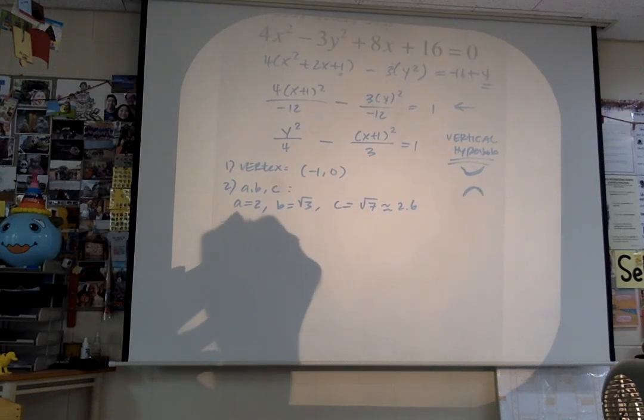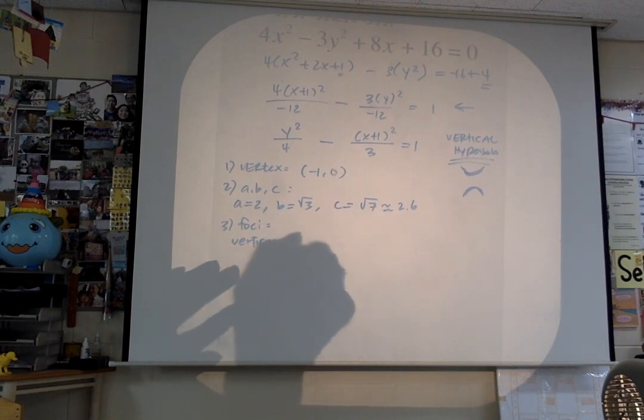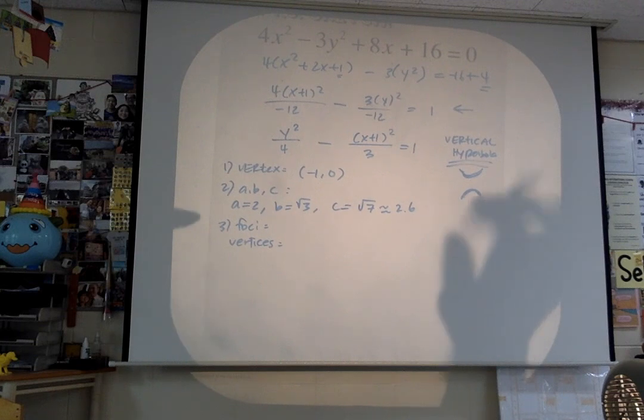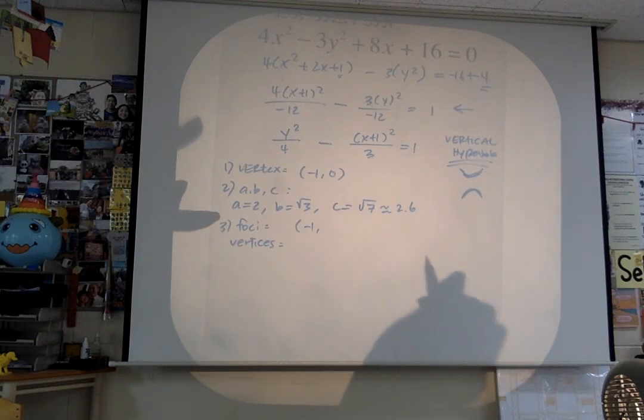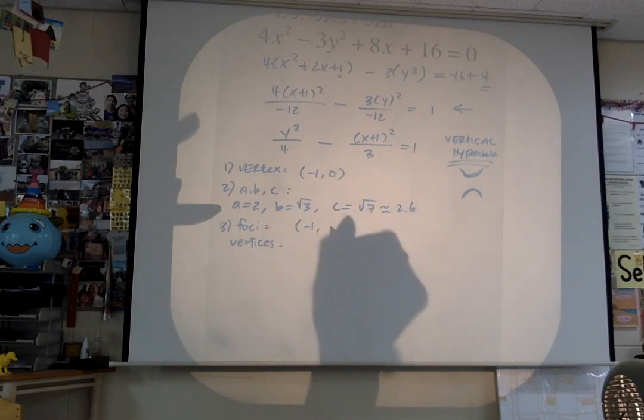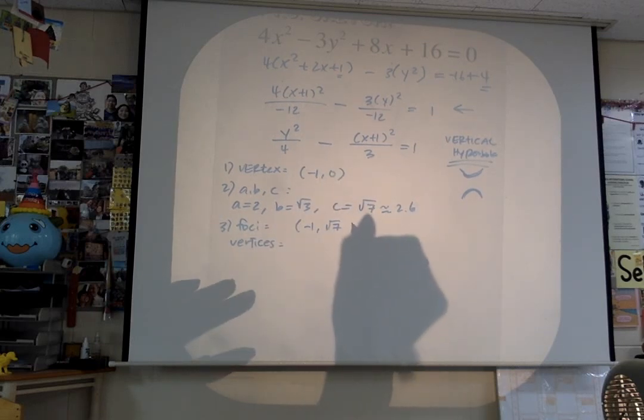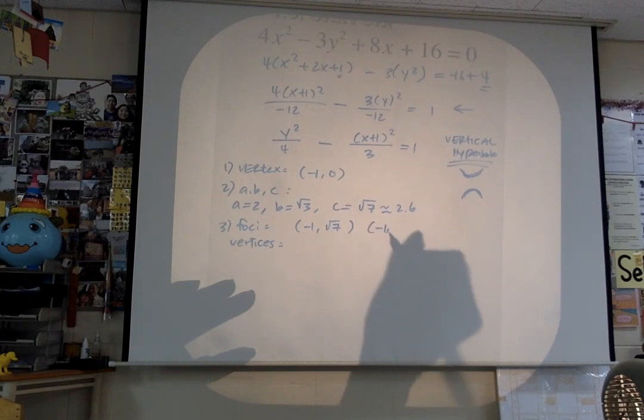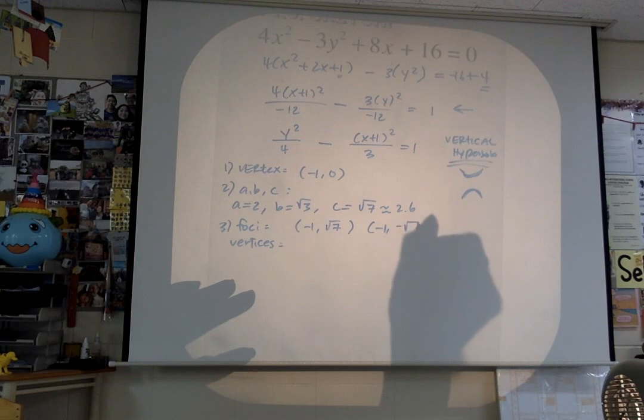Okay, so let's find the coordinates of our foci and our vertices. Okay, it's vertical, so you know it's the y values that are affected, which helps us because it's 0 here, huh? So your foci are going to be negative 1, root 7, and negative 1, negative root 7, yeah?